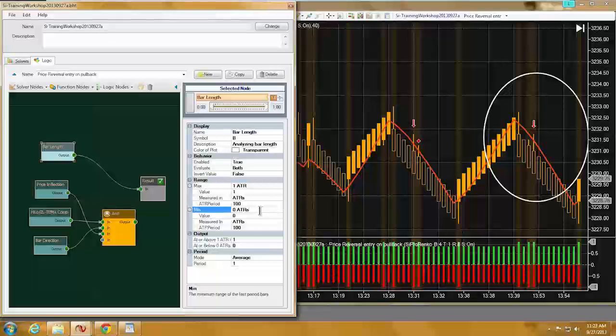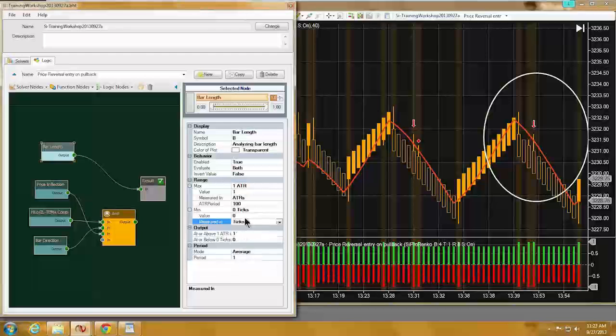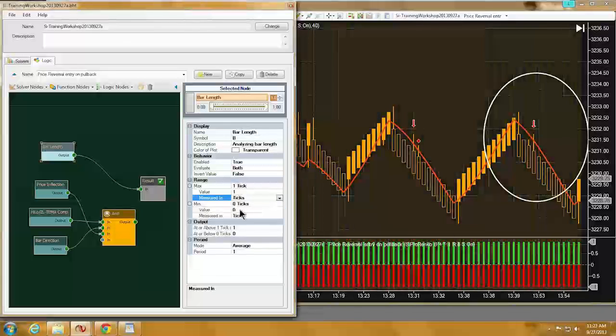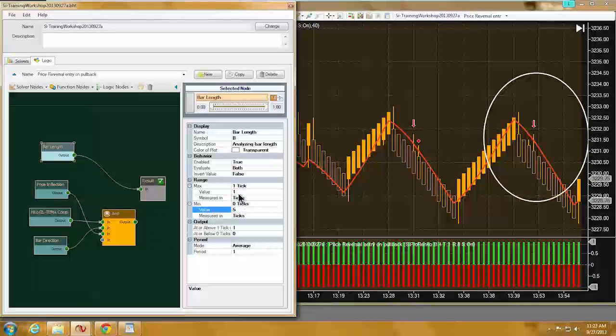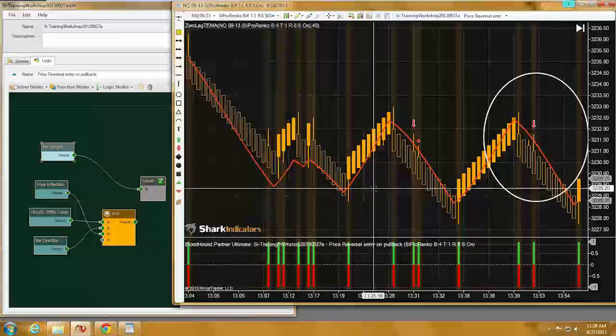And I'm going to change this from ATRs over to ticks. Since we're dealing with a Renko, I can make this a lot easier on myself and just work with ticks. So let's set both of them to 5. And there we go.